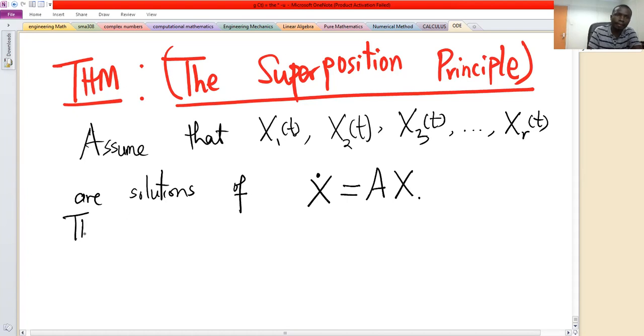then if you take linear combinations of all these solutions, they will be solutions of the equation.